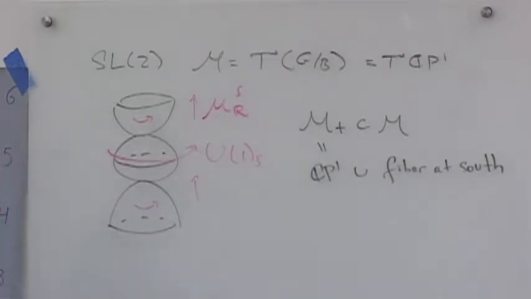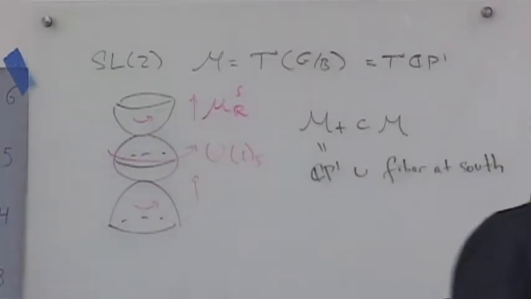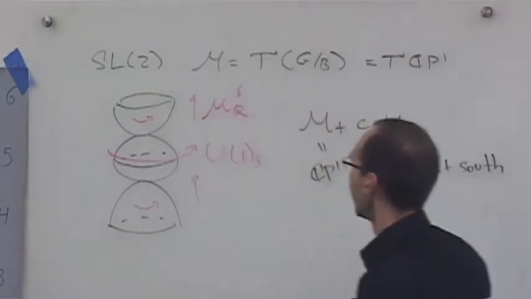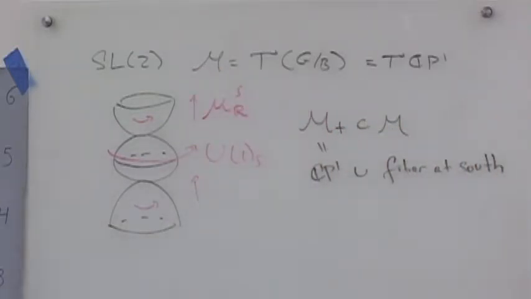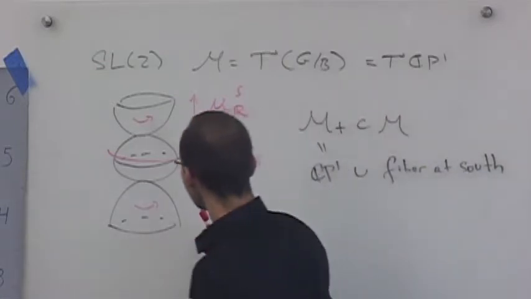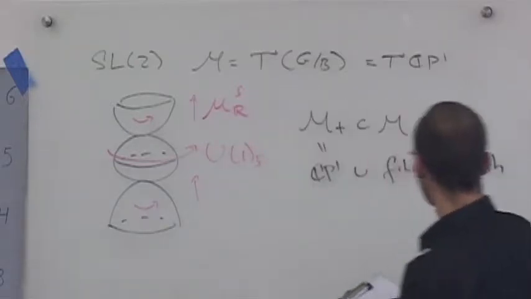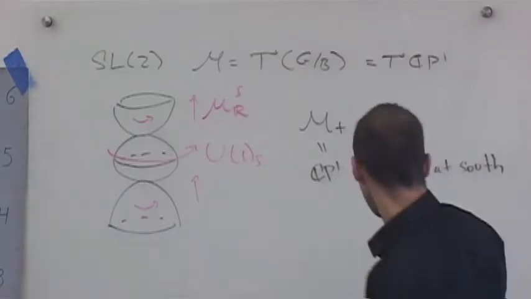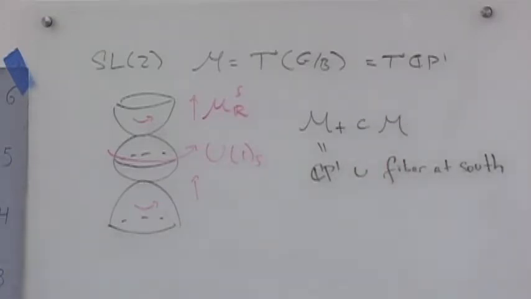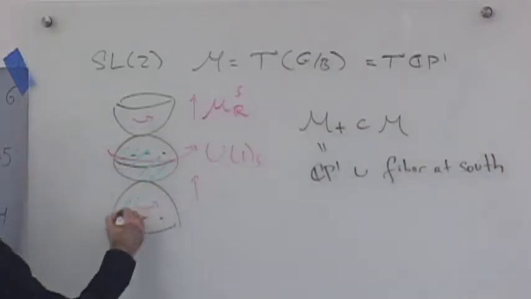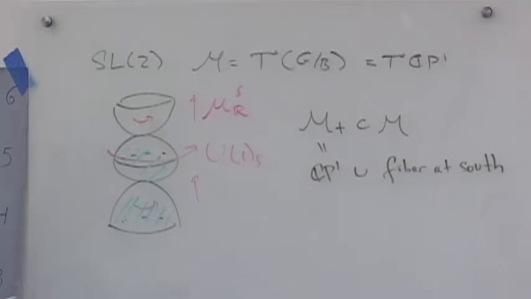Since U1 is a hyperkähler isometry, it comes with a triple of moment maps, a complex moment map and a real moment map. The real moment map increases in the direction I've indicated. And the complexification of the U1 comes by looking at gradient flow with respect to that real moment map. So M plus is the base and the south pole fiber.